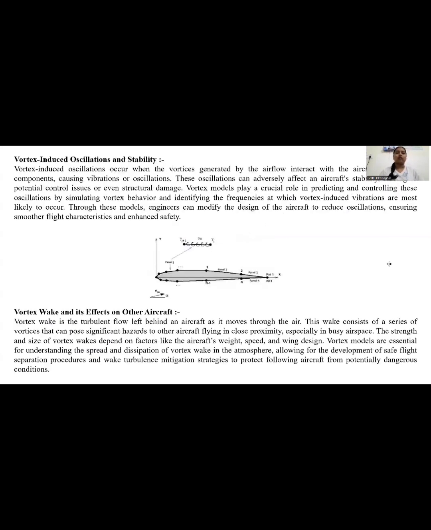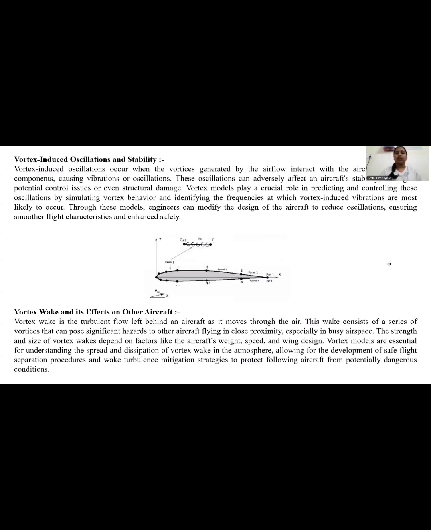Vortex-induced oscillations and stability. Vortex-induced oscillation occurs when the vortices generated by the airflow interact with the aircraft structures and components, causing vibrations or oscillations. These oscillations can adversely affect an aircraft's stability, leading to potential control issues or even structural damage.